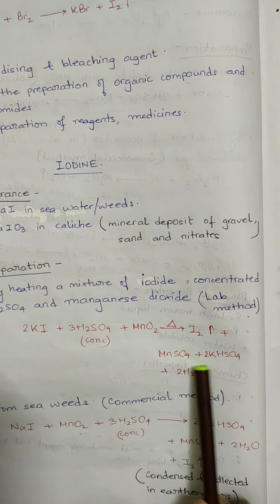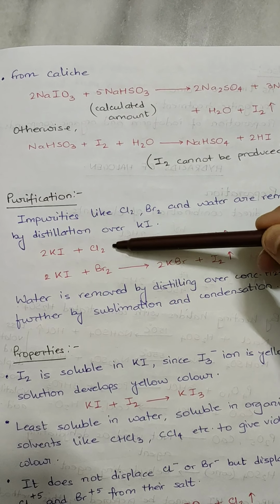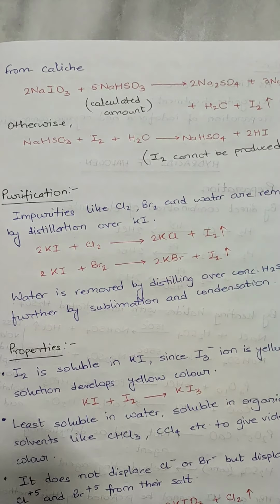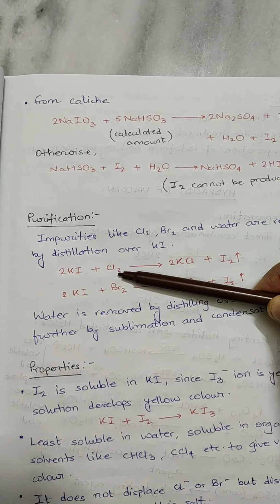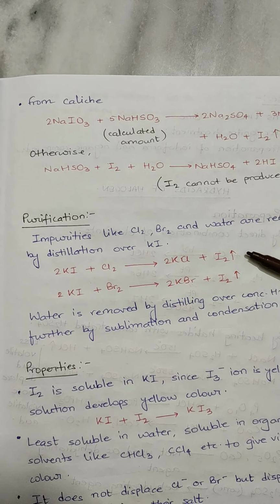Next is purification. Now this iodine liberated here may contain impurities like chlorine, bromine and water, which can be removed by distillation over potassium iodide. This method is nothing but simple illustration of the oxidizing property of the higher halogen compared to that of iodine. Here we see that the impurity of chlorine can be separated by taking KI and then making it react with the chlorine, as a result of which you get the iodine.